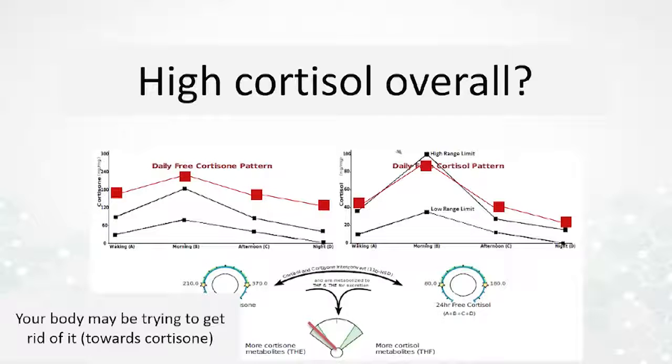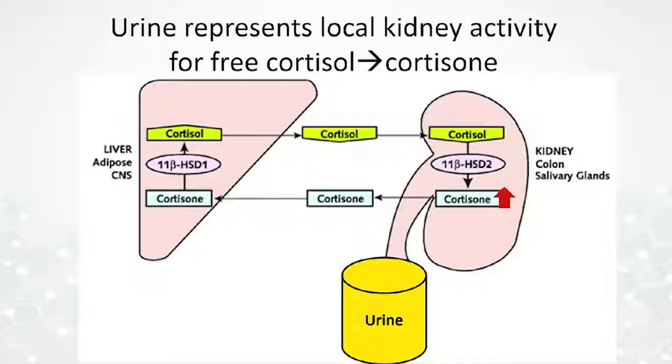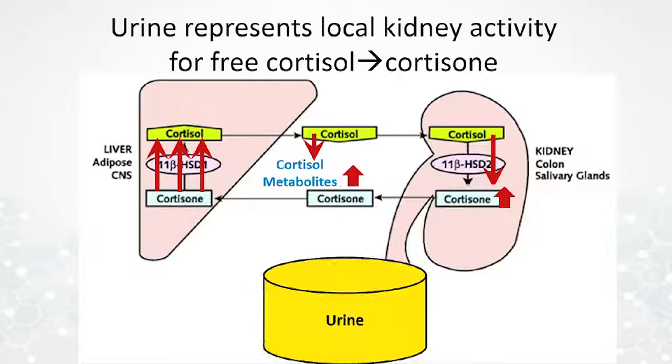If, however, in this situation, we have, again, the cortisone being higher, and then we move down to the metabolites and we see a disagreement that it says that the cortisol is actually favored, this actually makes intuitive sense in that local tissue, the kidney, where the urine's coming from, there's a lot of deactivation. Then it goes throughout the body, and the reactivation to cortisol must be even more active in that we see an overall systemic predominance, not of the cortisone, but of the cortisol.